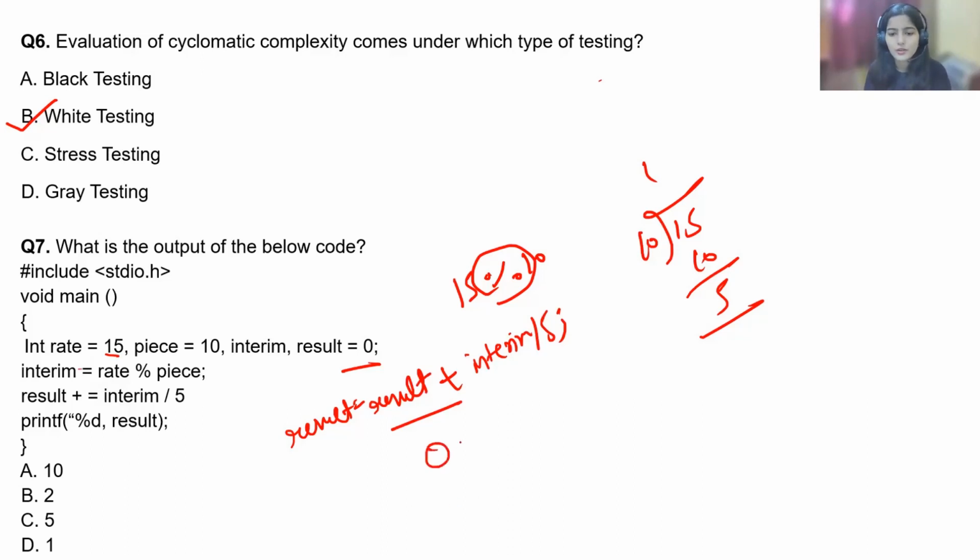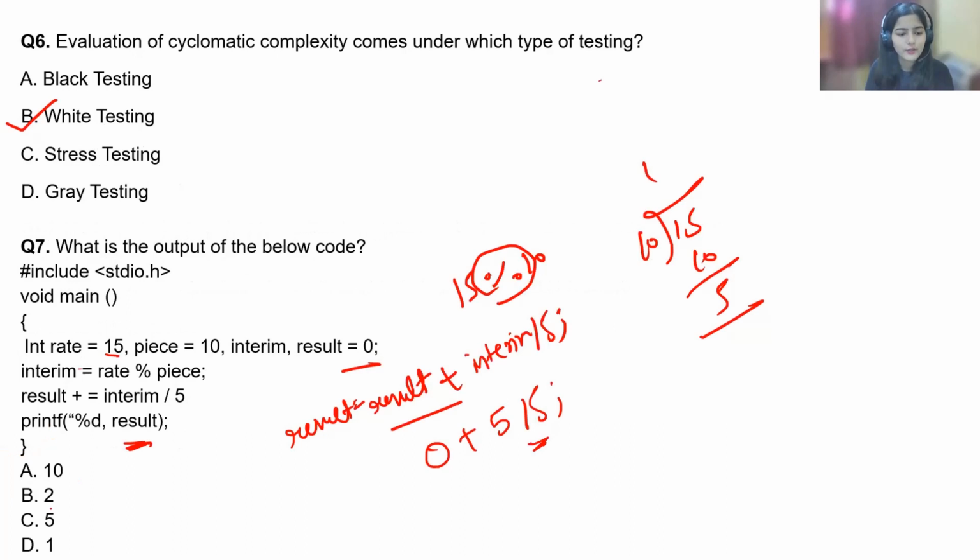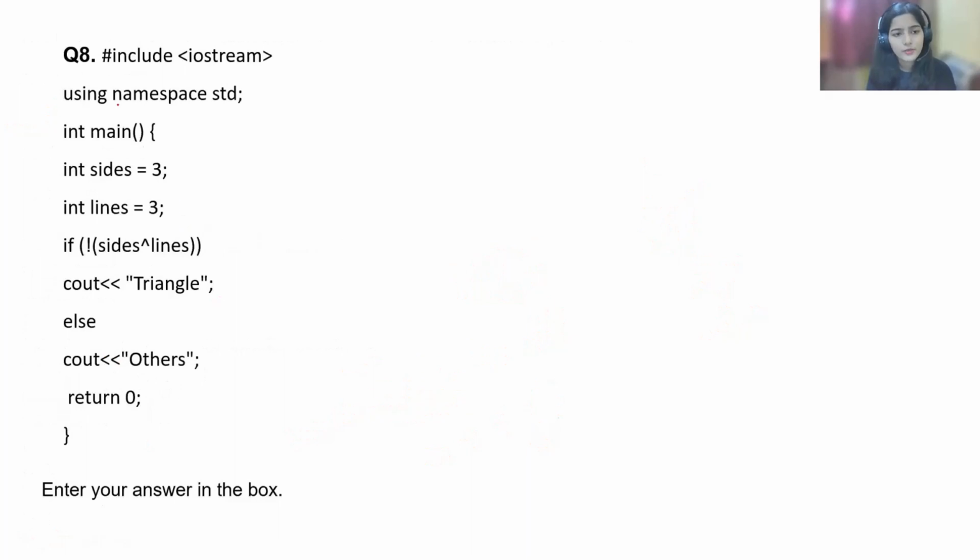Result as of now is 0 plus interim value is 5, 5 divided by 5. First of all, priority will be given to the division part. So 5 divided by 5 gives you 1, and 0 plus 1 gives 1 itself. So the result value is 1 itself. Here you can see they are simply printing result. So option D will be the correct answer for this question. Option D will be the correct answer, right?